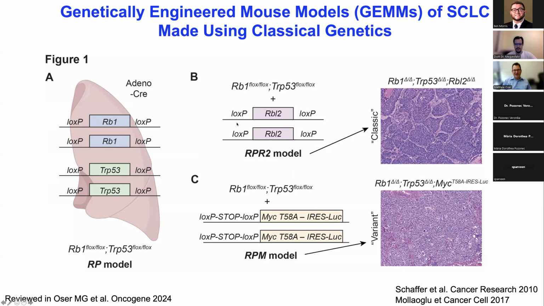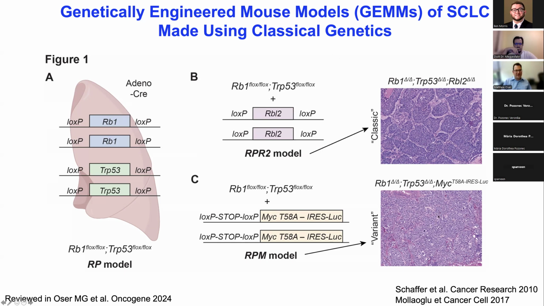So the classic RP model and the RPR2 model both form histology that we would define as classic small cell lung cancer. Now we know that this is more associated with ASCL1 and the ASCL1 subtype. And when Trudy's lab introduced MYC into this model, they observed a more variant histology.